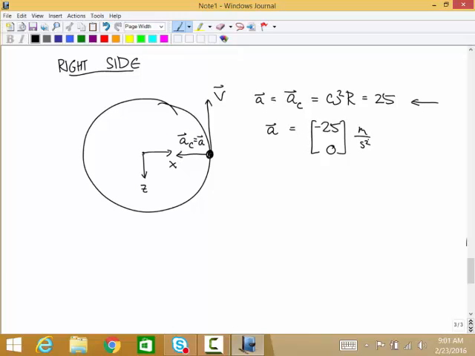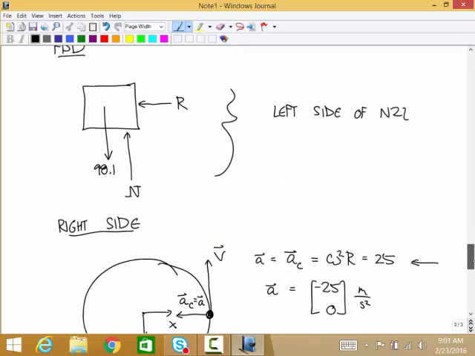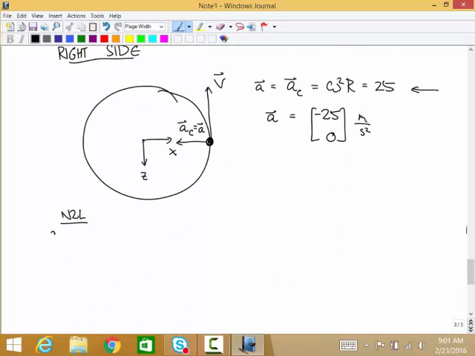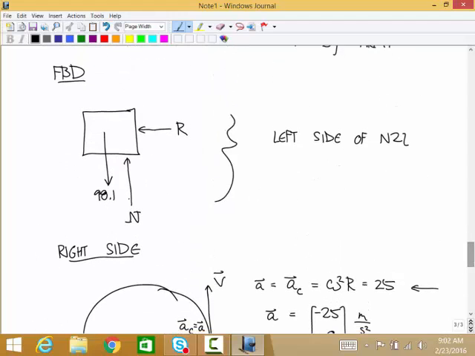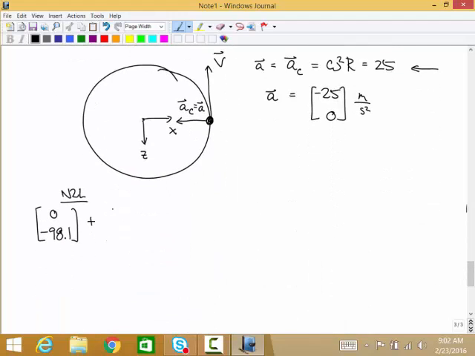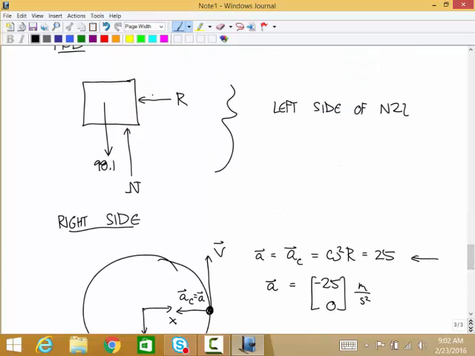And now we have everything we need to put this problem together. We have the left side from the free body diagram, and we did the kinematics to know all we can about the right side. So Newton's second law says 0, negative 98.1, plus 0, N, and what's this r as a vector?